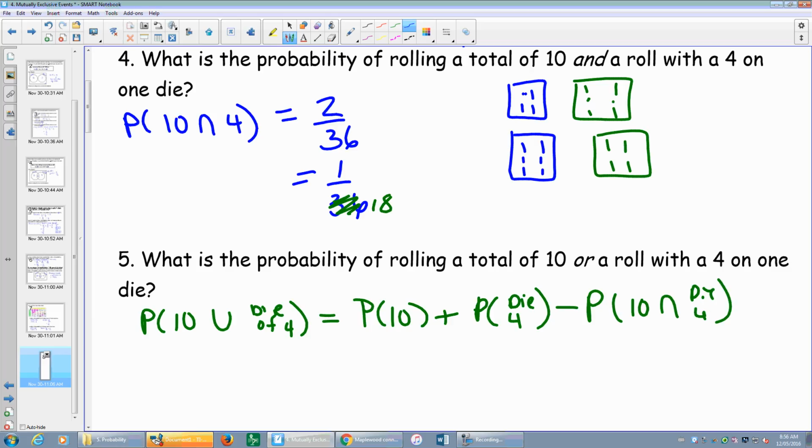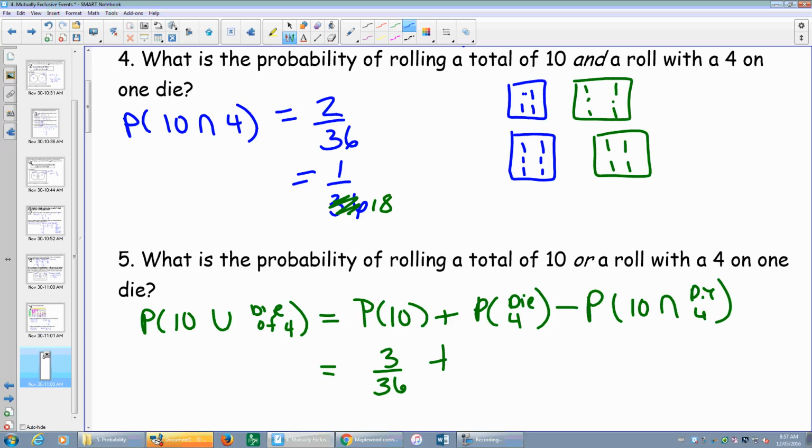So Spencer, can you help me out here? What would I put in for the probability of rolling a 10? Three over 36, plus the probability of rolling a die with a 4 on it. Not 2 over 36.